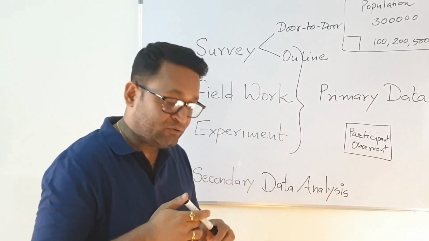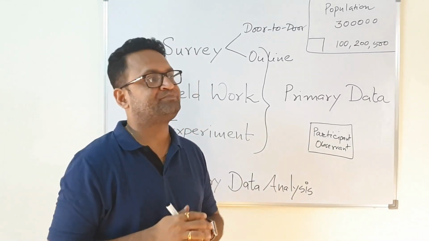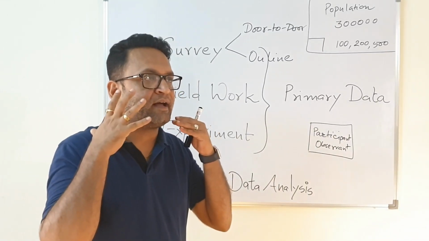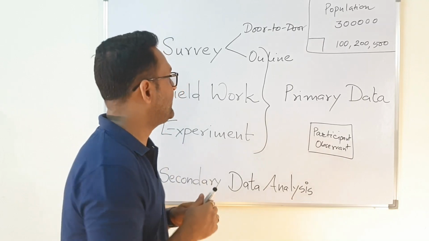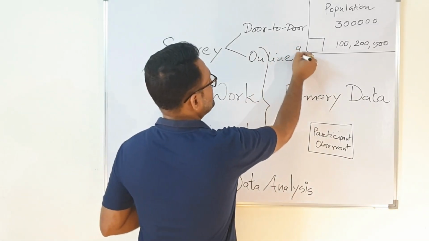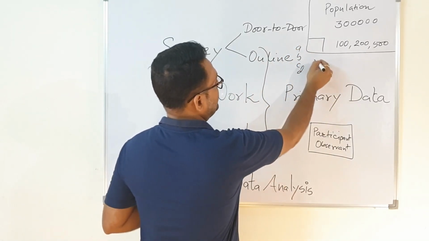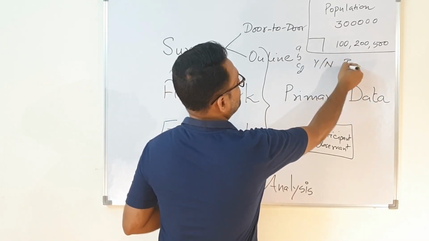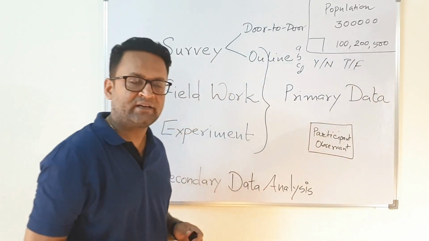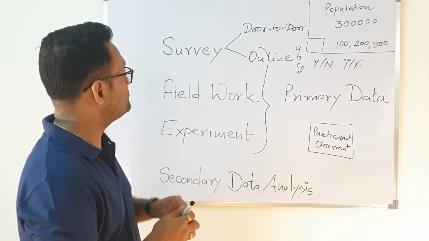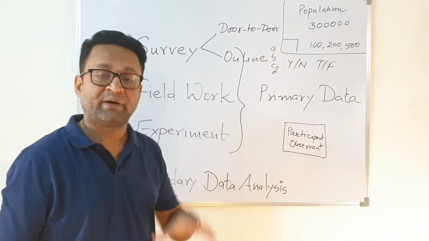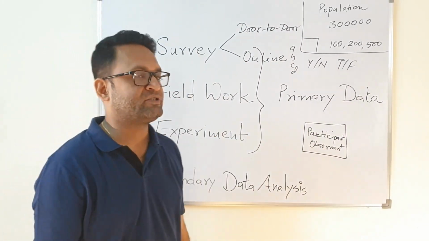That means that you have to directly go to those people, ask questions. It may not be a question like in survey you can have a question like A, B, C, D, or yes, no, or true, false, these kind of things, right? And these are easy to study after you collect the data, but then they will not provide you accurate information. Why?